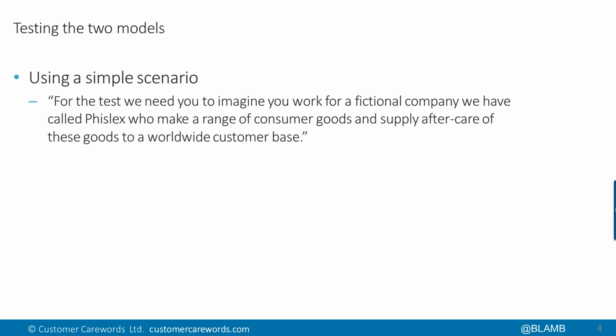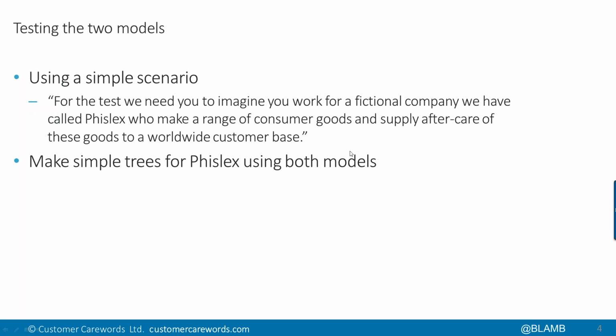So we were very keen to see what would happen with these 2 models if they were tested side by side. We set a simple scenario. We asked people taking the test to imagine they worked for a fictional company called Fislex, who make a range of consumer goods and supply aftercare of these goods to a worldwide customer base.